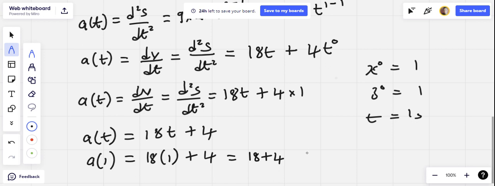And 18 plus 4 is what? 22. 22 meter per second squared. Don't forget to include your units. The unit for acceleration is meter per second squared.